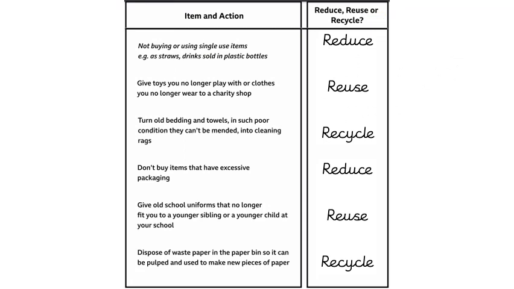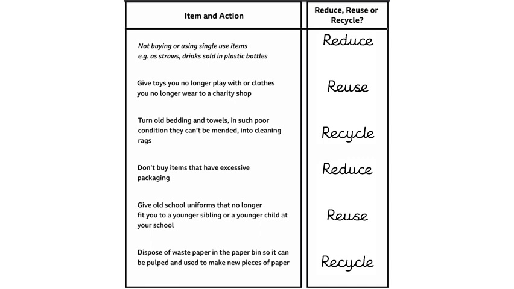Okay, and there's the answers for you. So you should have got them in that order actually: reduce, reuse, recycle, reduce, reuse, recycle. So not buying or using single-use items such as straws, drinks sold in plastic bottles. It's reduce. Give toys you no longer play with or clothes you no longer want to a charity shop is reuse.